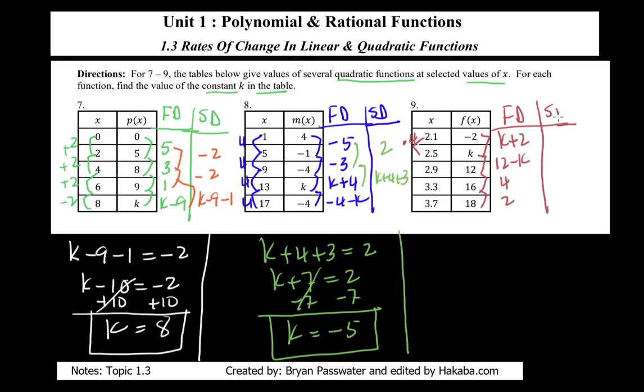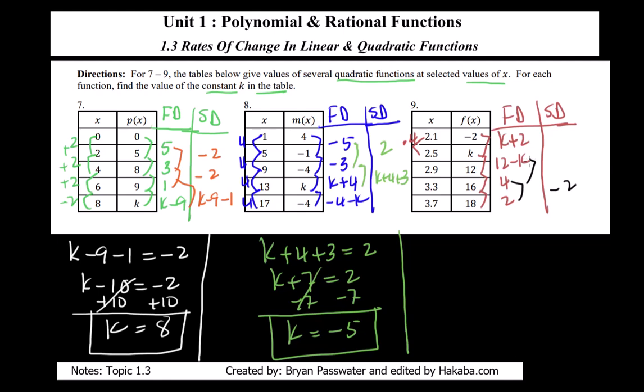Now let's do the second difference. So k plus 2, 12 minus k. We cannot do the k ones, so we will test for the values here. 2 minus 4 is negative 2.